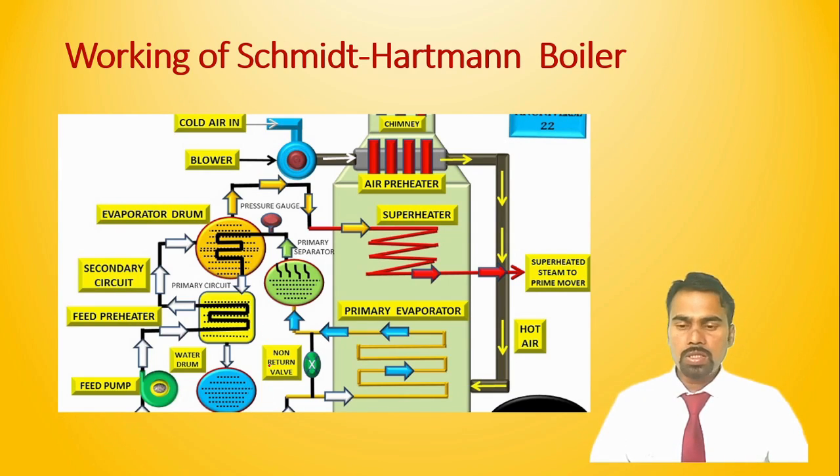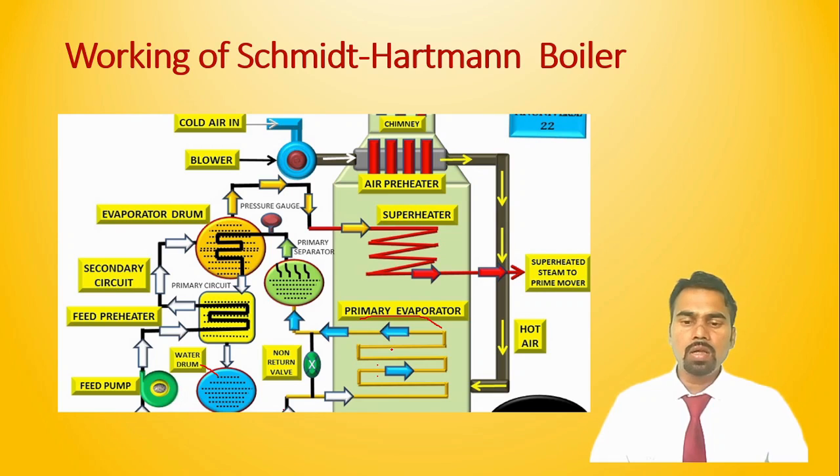Now we will see the secondary circuit. This part is the water drum in the secondary circuit. Then here there is a pump. The next component is the primary evaporator.